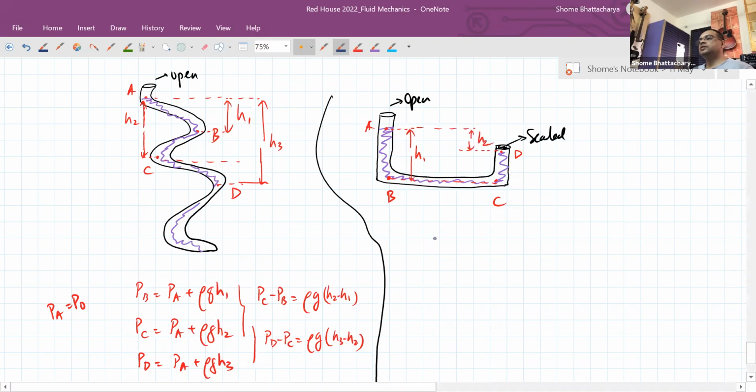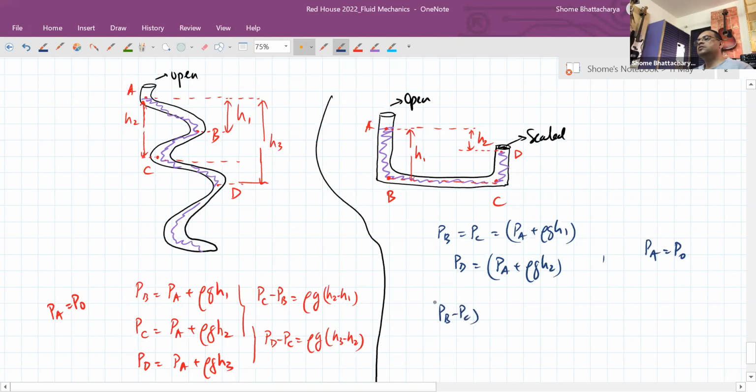So again, we will see that pressure at B will be equal to pressure at C because they're at the same horizontal level, and that will be equal to PA plus rho g H1. Okay. Pressure at D will be equal to PA plus rho g H2, where PA will be equal to atmospheric pressure.